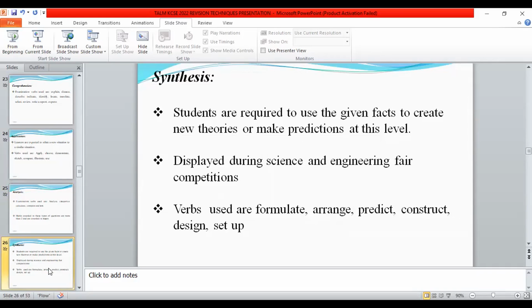And in fact, when you look at what we had before COVID-19 struck, we had activities like science and engineering fair, whereby you could have students coming up with projects. Teachers also could assist the students to come up with the projects. Then the students could explore on their own. Then they come up with maybe mathematics formulas that are not in the textbooks, and then they present the same. This is one of the areas where this level could be thoroughly practiced by the students.